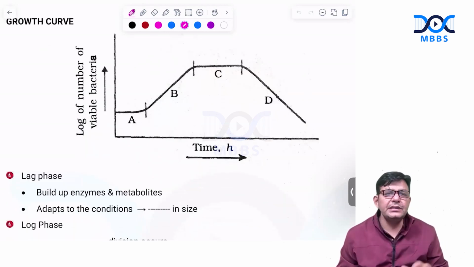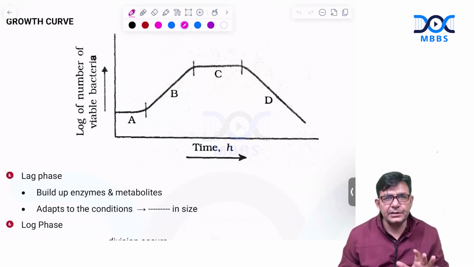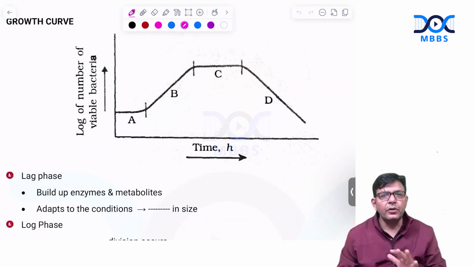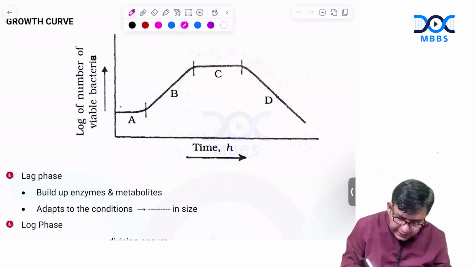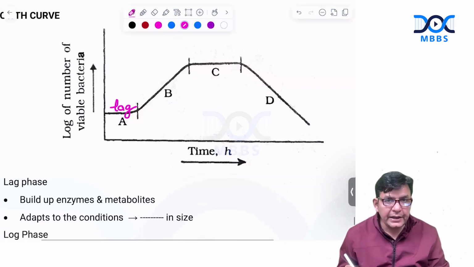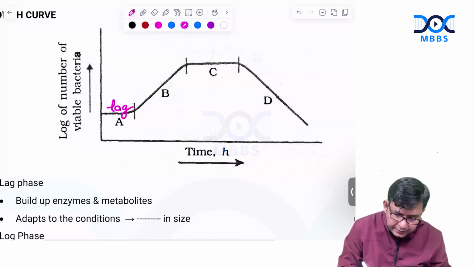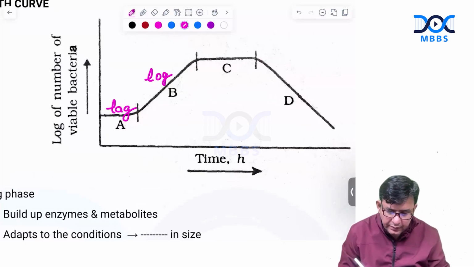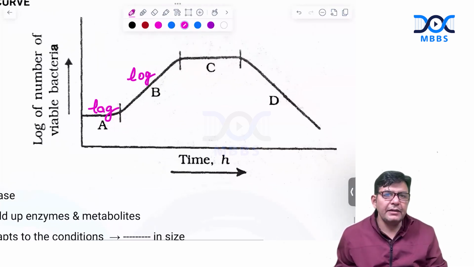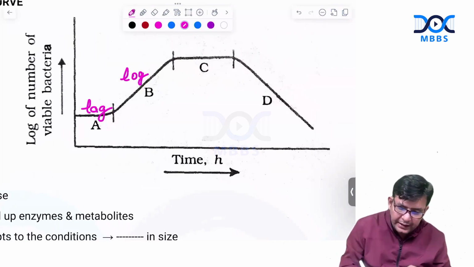A growth curve, in the simplest way, I will tell you guys. Obviously, you must have done this in your colleges also. Four phases are there. One is lag. One is log. One is stationary.